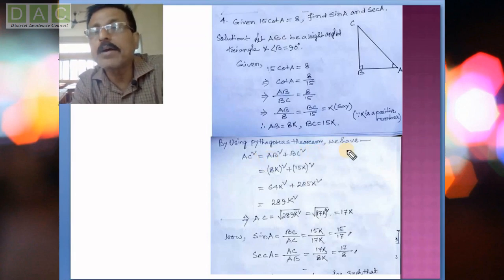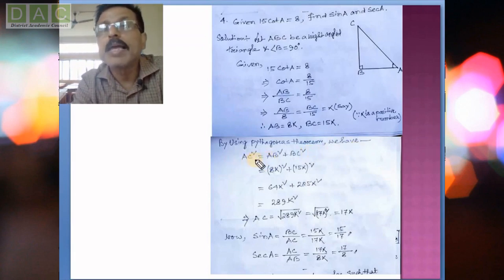By using Pythagoras theorem, we have AC square equal to AB square plus BC square. That means hypotenuse square equal to base square plus altitude square. Now put all the values from here, then you will get the third side. From here you got AB's value is 8K, BC's value is 15K. The unknown is AC.